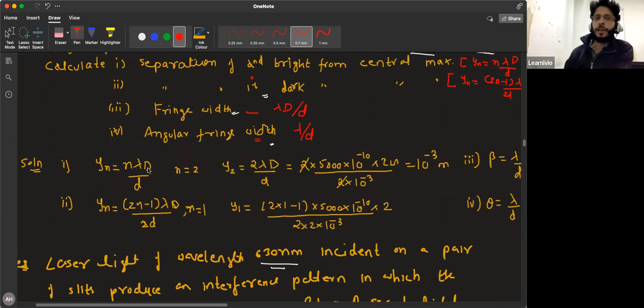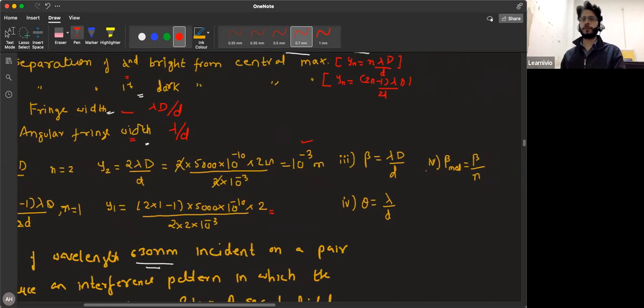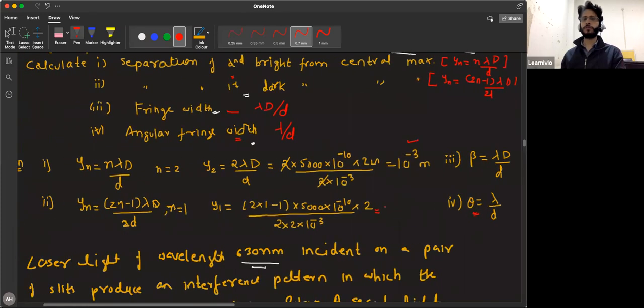The first is n lambda D by d. When you put n equal to 2, lambda D by d comes out to be 10 raised to the power minus 3 meter. For the second part, it's 2n minus 1, lambda D by 2d. For the dark fringe, n is equal to 1, so this is for the first dark fringe. Fringe width is lambda D by d. Theta is lambda by d. This is formula based.